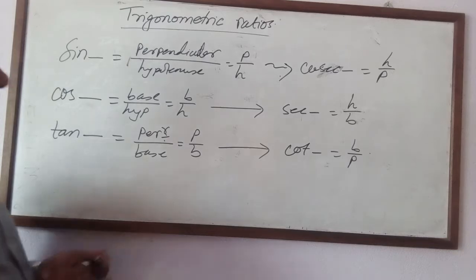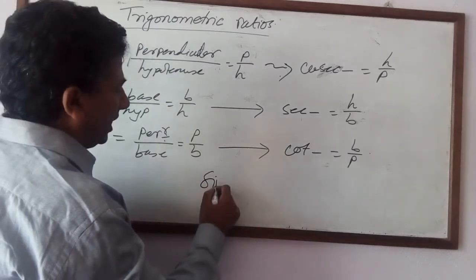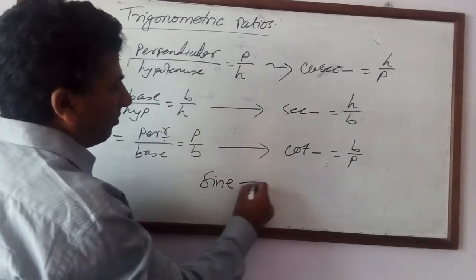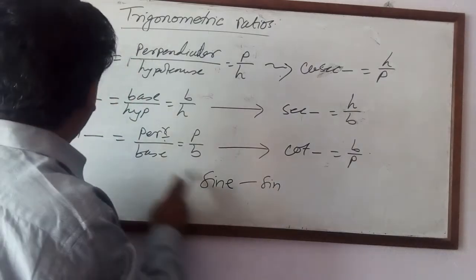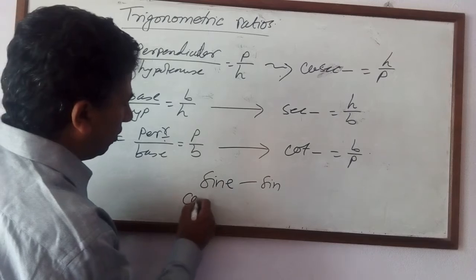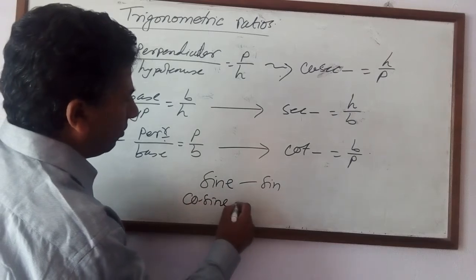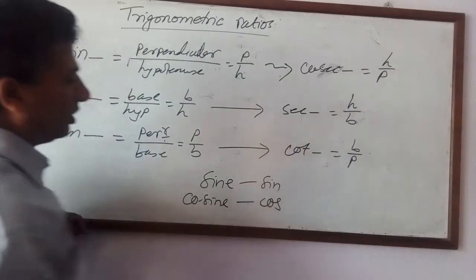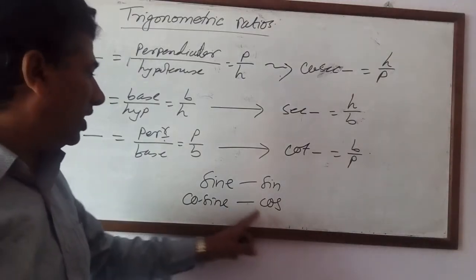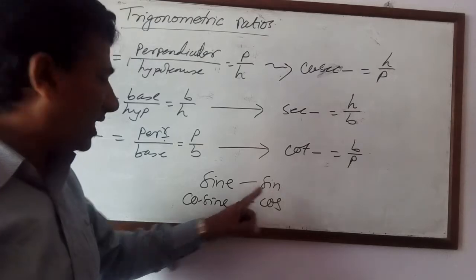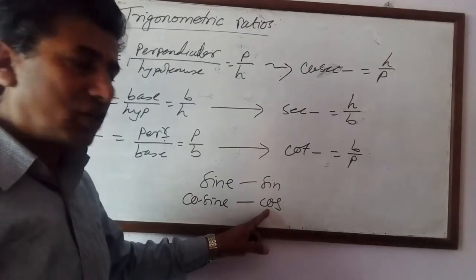Now here I have taken sine; this is the short form. Sine is written in short form as sin. Cos means cosine, and the full form of cos is cosine; short form is cos only. Sine, short form sin. Cosine, cos.